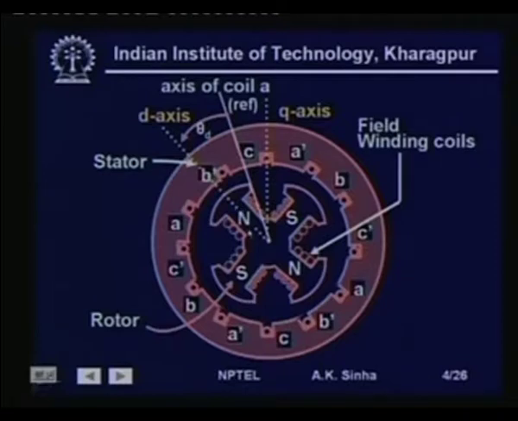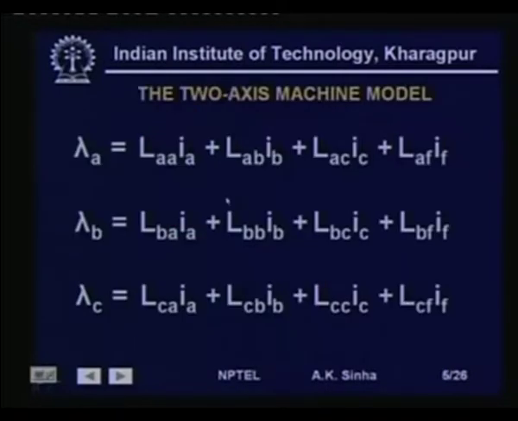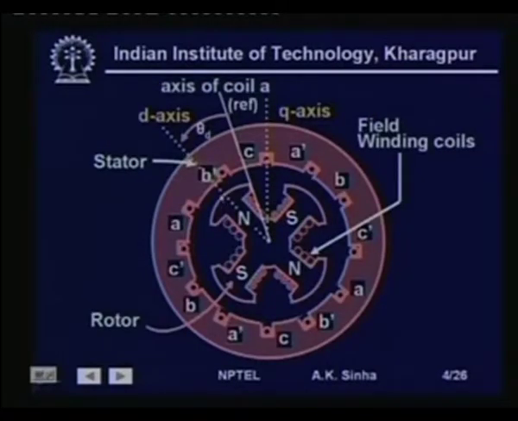However, as far as the rotor is concerned, the flux will see the same magnetic circuit all the time, whatever position it may be. The flux seen for this position will be from here, it will pass like this, come like this, and so on.